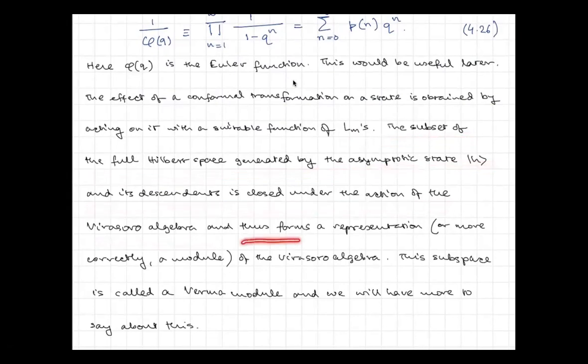This hence forms a representation of the Virasoro algebra. You can more correctly say that it's a module. This subspace is called a Verma module, and we will have much more to say about this as we go ahead. Okay. All right. So that was that.